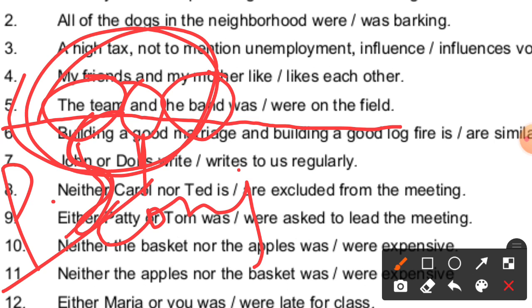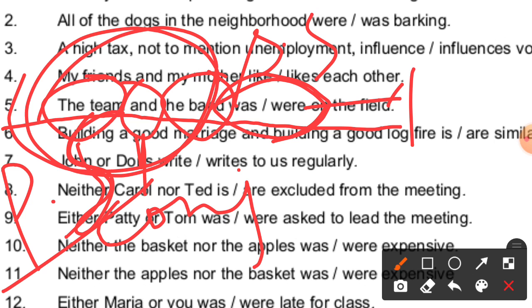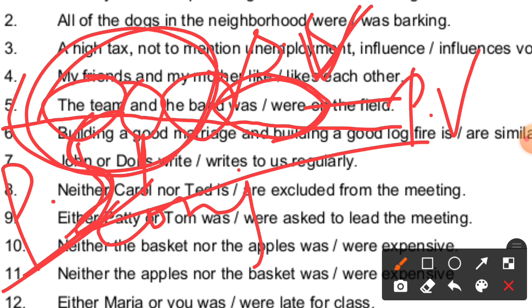So let us find out the plural verb. The verbs given here are was and were. Was is your singular verb and were is your plural verb. So a plural subject will take a plural verb, hence were is your correct answer.